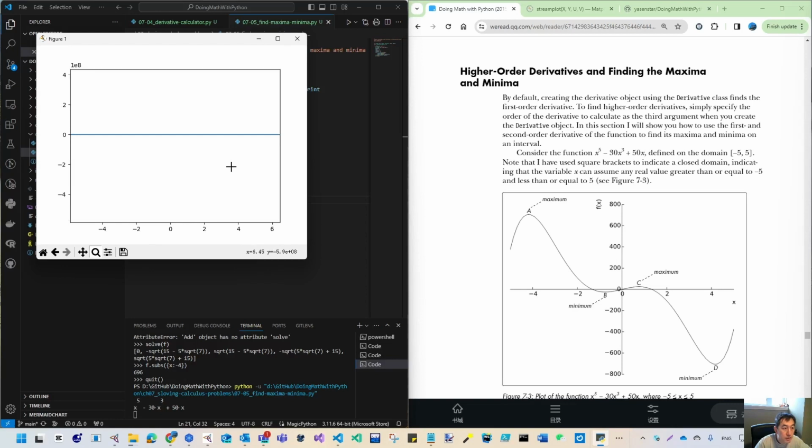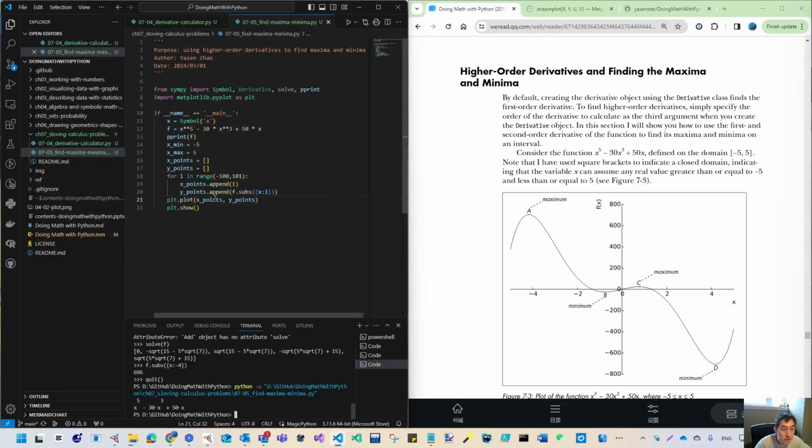If I keep zooming here, I think it's because the interval is 1, so it's not continuous. But you can see here it has certain curve a little bit, but once we have that in more detail continuously, you may find this one. So that's the difference.